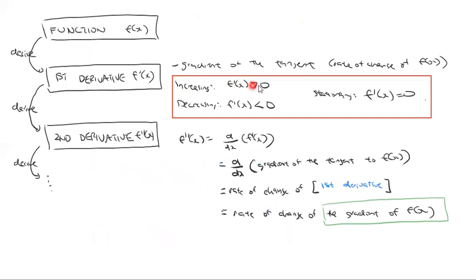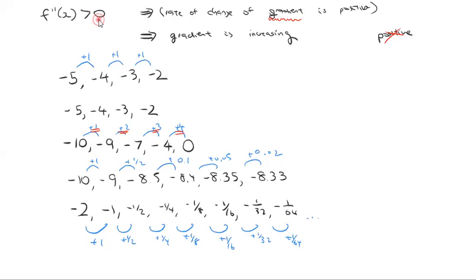If the first derivative is positive, that means it's increasing. And as a result, since the second derivative is positive, it's the first derivative of the first derivative, which means that the gradient is increasing. Clear on that?